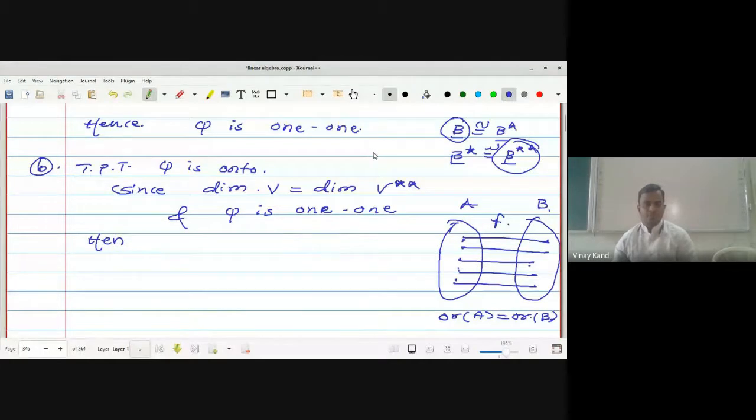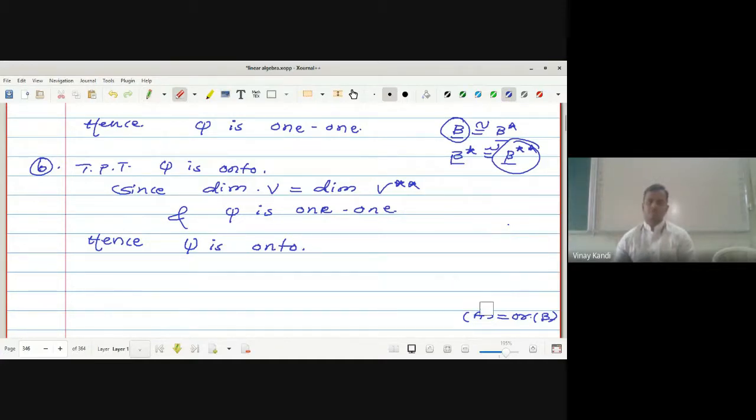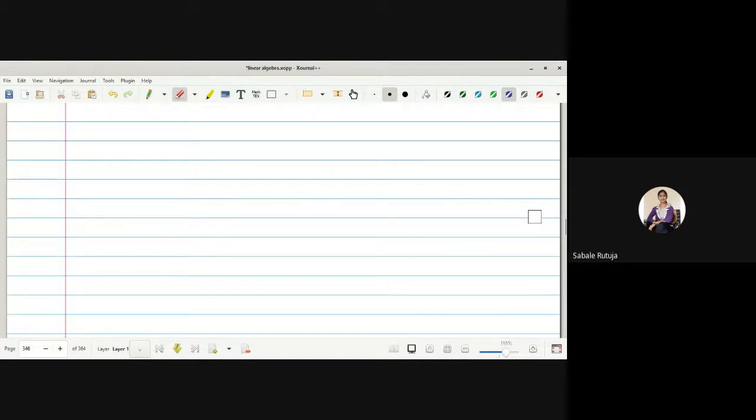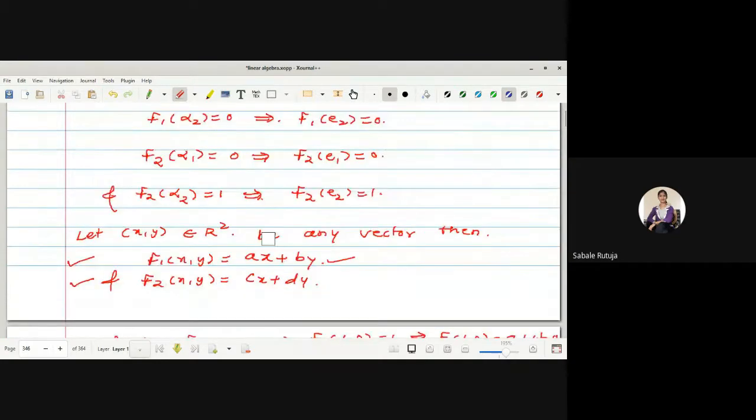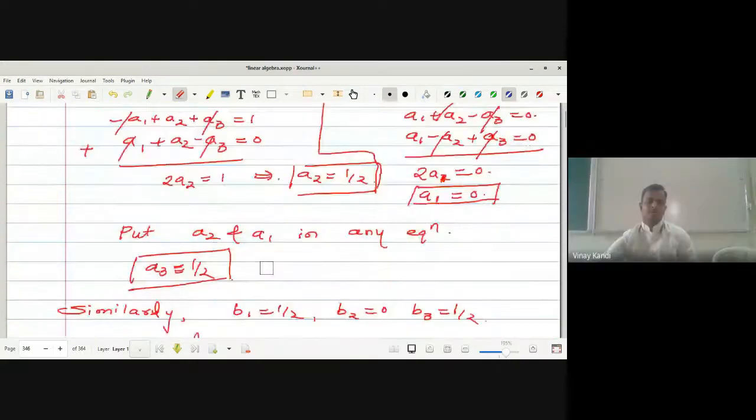Okay, now here in the vector space, if dimension of V is equal to dimension of V star, V double star, and psi is 1-1, hence psi is onto. Okay, any doubt? No, sir.